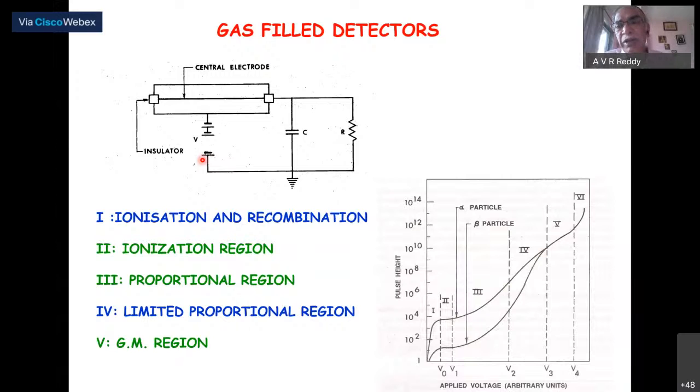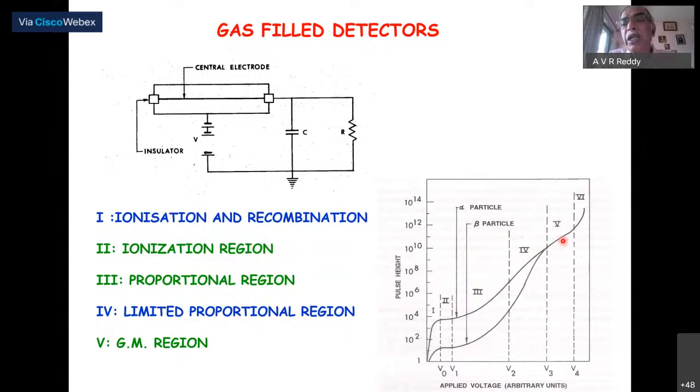A stage will come where the reduction in the applied field will remain almost constant. And that is the region where you get the same pulse height for a given voltage, irrespective of the initial number of ions that are produced because of the radiation interaction.